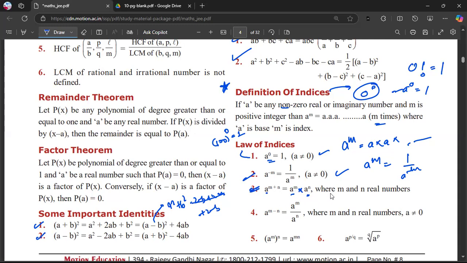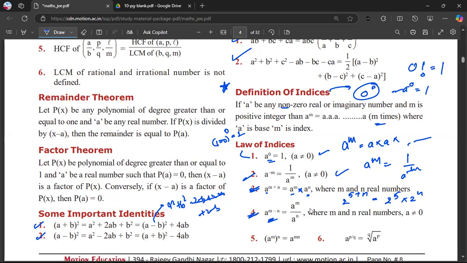It means that 2 raised to power 5 plus n can be written as 2 raised to power 5 into 2 raised to power n. And later, 2 raised to power 5 into 2 raised to power n can be written as 2 raised to power 5 plus n. Understood? Yes, sir.